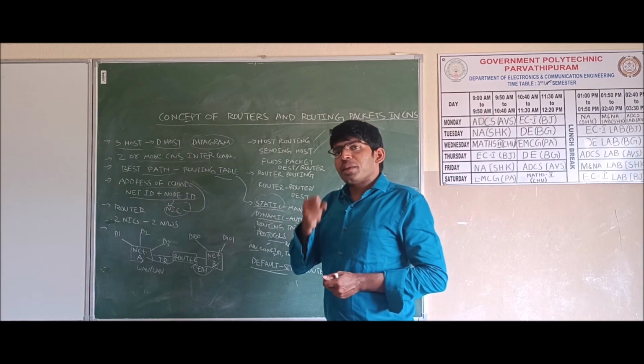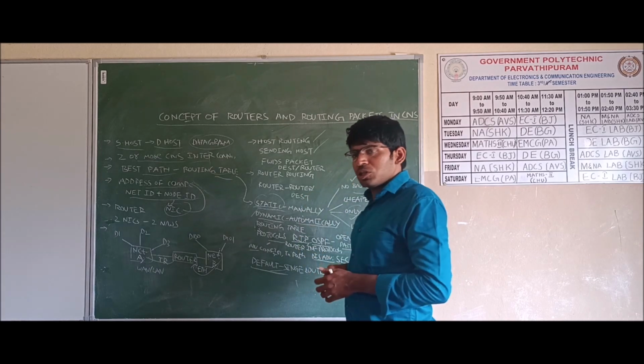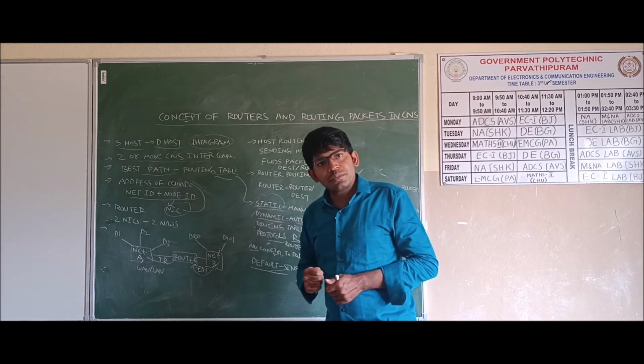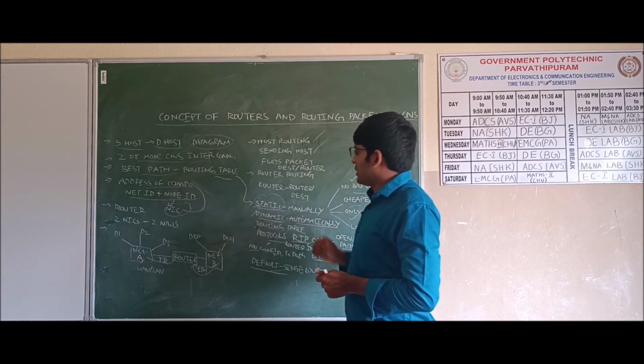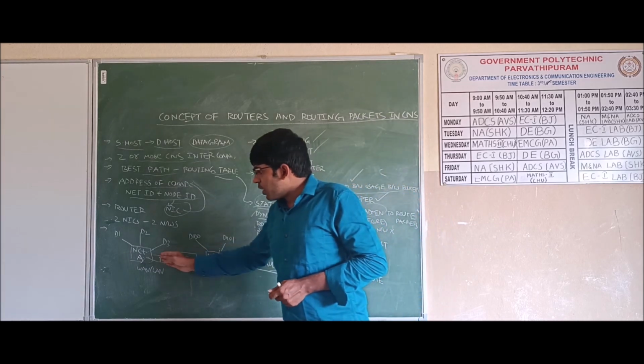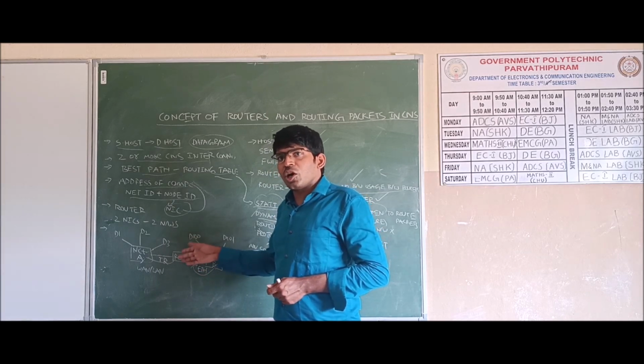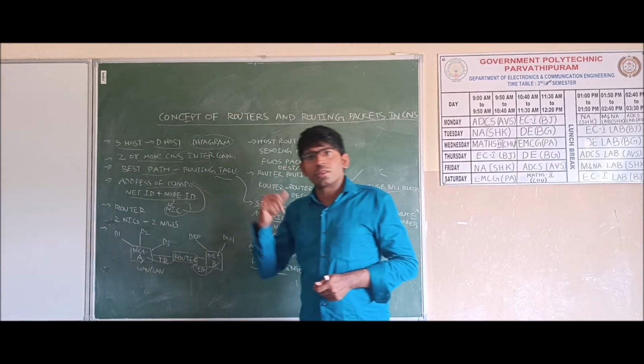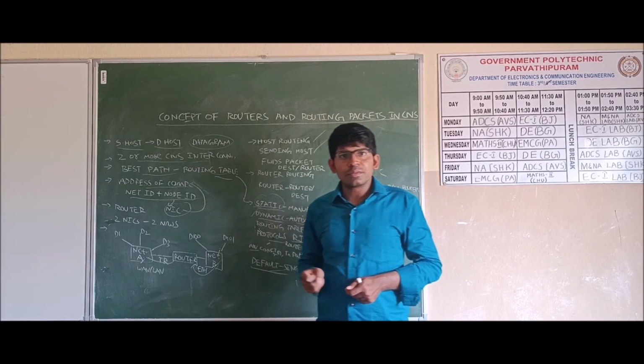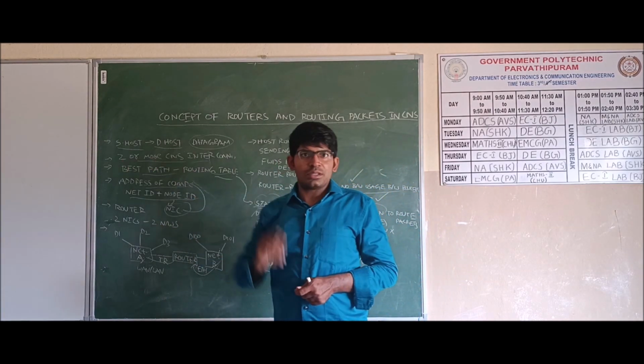So when we are sending the packets, the sending host will forward the packets to this router, and it is the choice of the router to select the path. Which path I have to take to reach the destination.